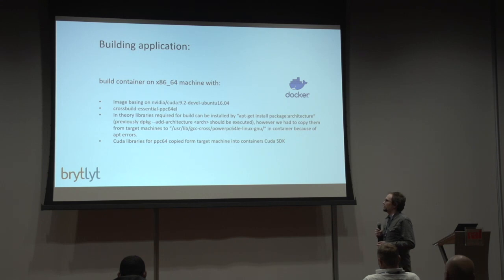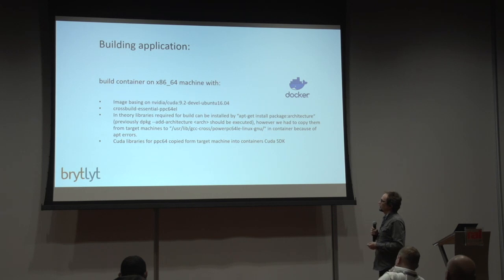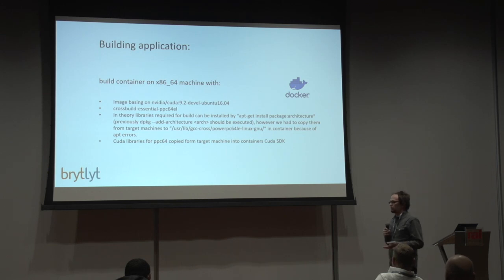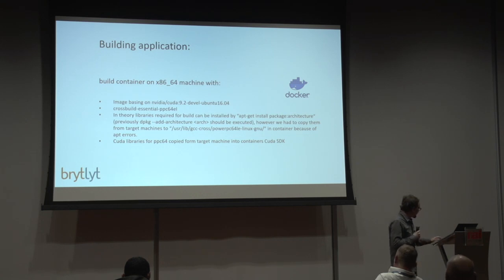So mainly we had to install the libraries on target machines and just copy libraries and binaries into our folders in our x64 image. The same situation applied to CUDA libraries, when we had to have compiled libraries for the linker within this image. So we also just copied those from our target machine.